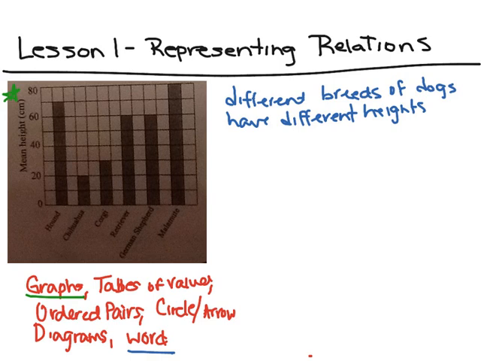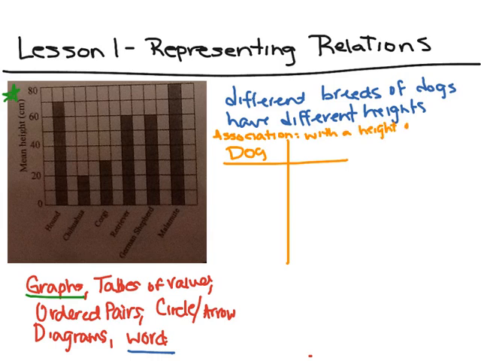Now we're going to make a table of values. We're going to do the association of dog with a height of the height. This is a table of values. For the first one, we have a hound, and its height is 70.